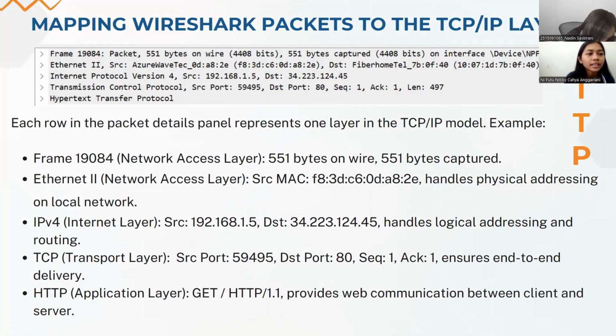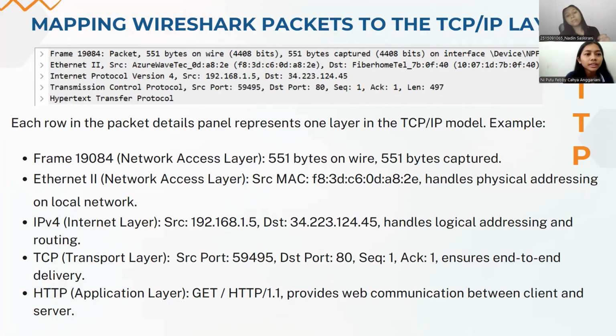Next, Internet Protocol version 4, or IPv4, as the internet layer. This protocol shows source and destination addressing and routing. TCP, or Transmission Control Protocol, as the transport layer.